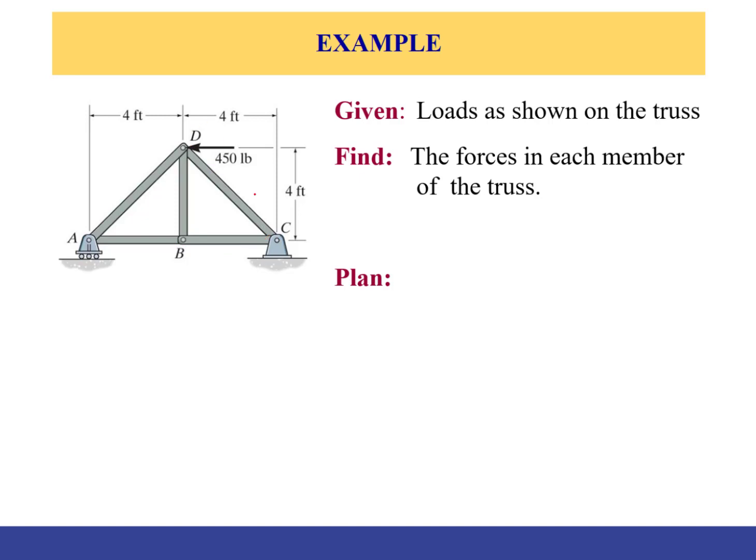So what we need to do is analyze the pins, pin D and A especially, because these two pins will carry these unknowns. But before I do that, is there a way to simplify the problem and make it easier to solve? Well, can we apply the zero force member method and see if any of these members have really zero force before I start analysis?